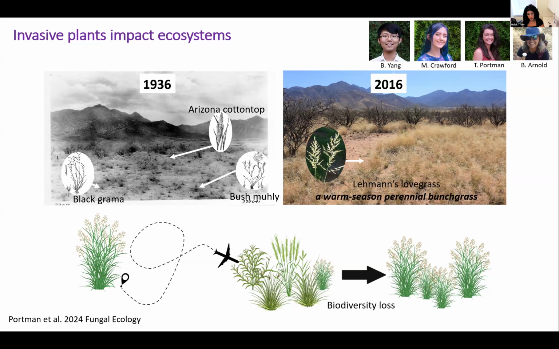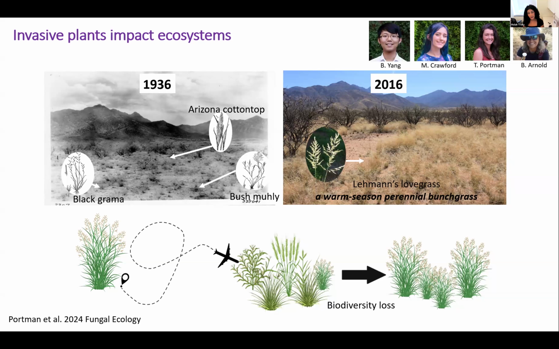Now, despite observing the ecological consequences of such invasions, seeing that biodiversity is decreasing tremendously, the underlying molecular mechanisms that enable certain species to thrive in new environments remain largely unknown.